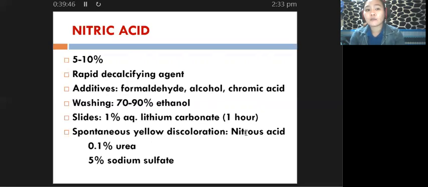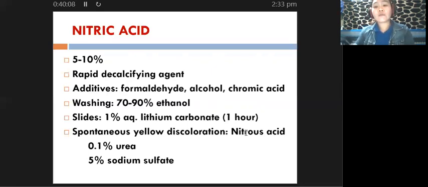And if you are going to make use of your acid solutions for decalcification, immersion should not be prolonged beyond 4 days when possible. I repeat, immersion should not be prolonged beyond 4 days when possible.